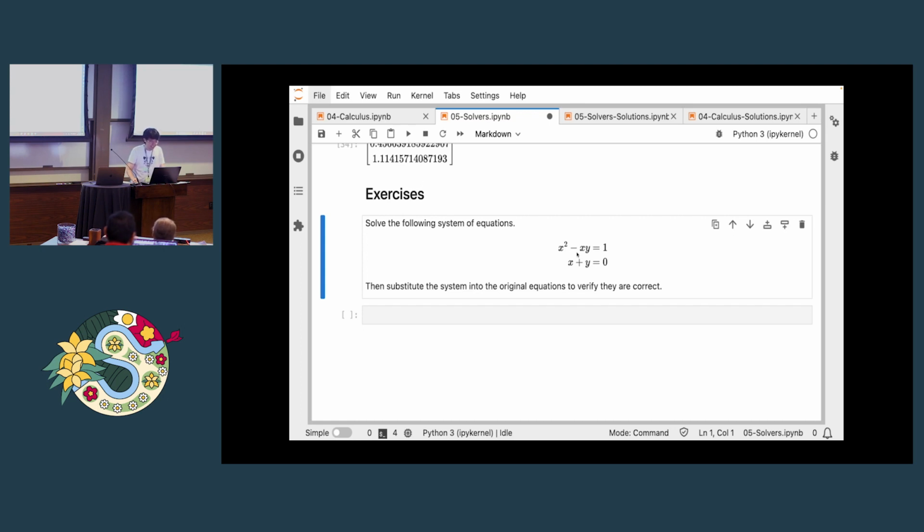Okay, in this section we are going to be introduced to matrices.